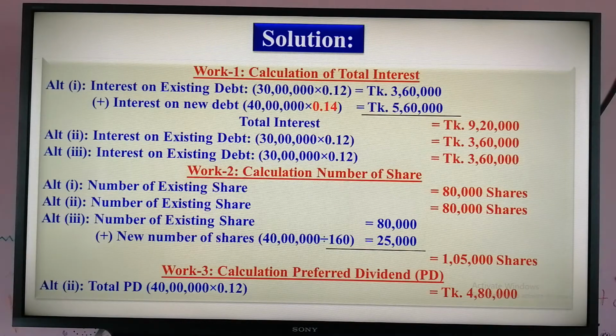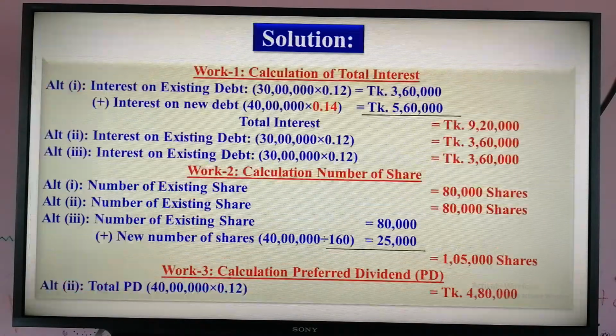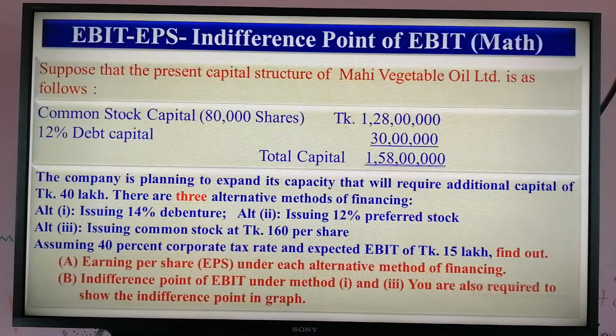Now, number of shares. Again, back to the slide. The company already has 80,000 shares. These 80,000 shares are part of all 3 alternatives. So everywhere 80,000 shares are present: alternative 1, 80,000; alternative 2, 80,000; alternative 3, 80,000 plus the new number of shares.